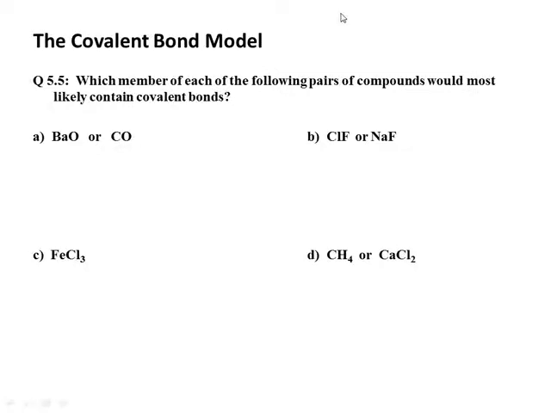Starting with something very simple, how do you distinguish between ionic and covalent compounds, ionic and molecular compounds? So which member of each of the following pairs of compounds would most likely contain covalent bonds? So you need to remember that a bond between cation and anions is an ionic bond, and metals make a cation.